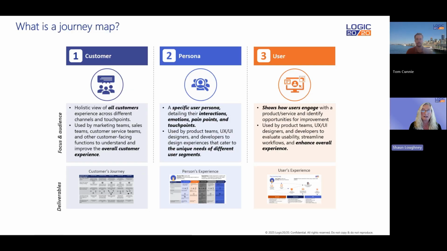It's used by product teams, UX, UI designers, and developers to design experiences that cater to the unique needs of different user segments. A user map shows how users engage with a product or service and identifies opportunities for improvements. It's used by product teams, UX, UI designers, and developers to evaluate usability, streamline workflows, and enhance overall experience.